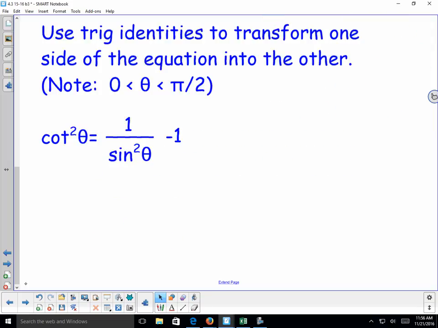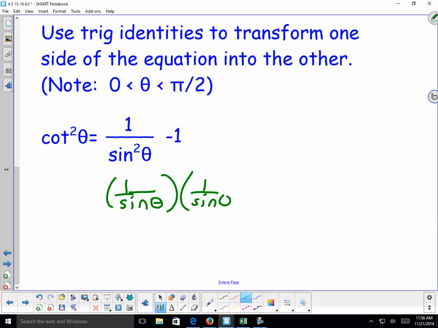So we're going to usually take the more complicated side, like it looks like the right side of this is more complicated. Is there an identity that you kind of recognize here on the right side? Like, for example, I know we don't have an identity for 1 over sine squared, but do we have an identity for 1 over sine? What is that? So really think of this as 1 over sine theta times 1 over sine theta. Wouldn't that be the same as 1 over sine squared theta?